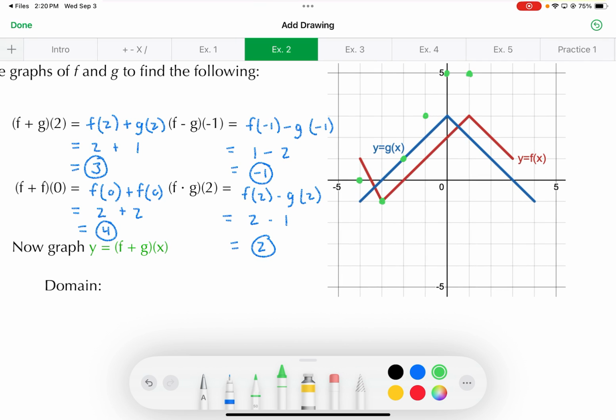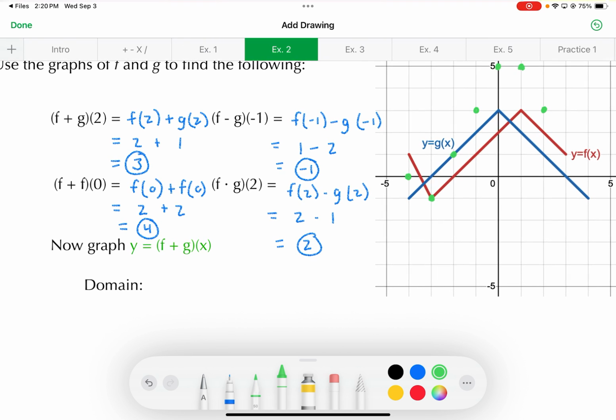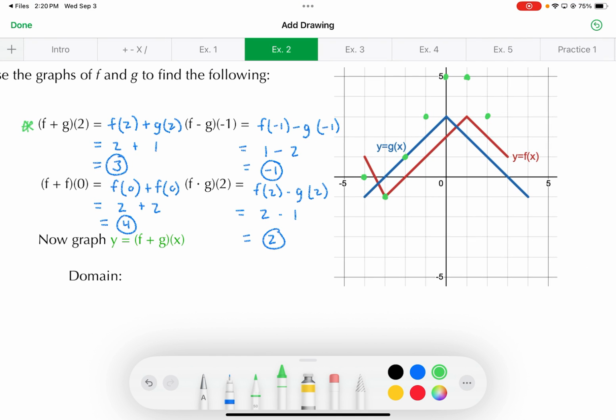When x is 2, f of 2 is 2. g of 2 is 1. Those are going to add to a 3. And that is what we actually found right here. That's that very first problem. f plus g of 2, we said, is 3.